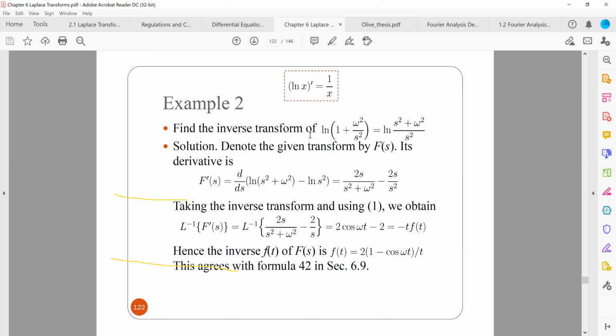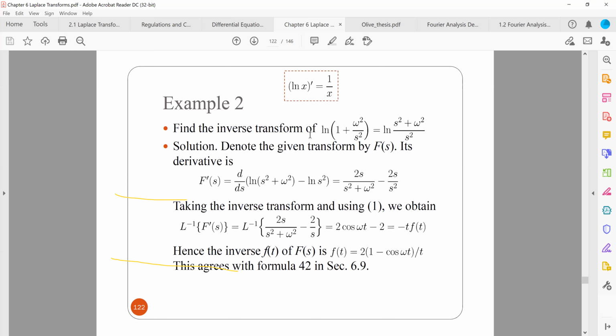So if you differentiate ln after simplifying, you'll have ln of s squared minus a squared minus ln of s squared.